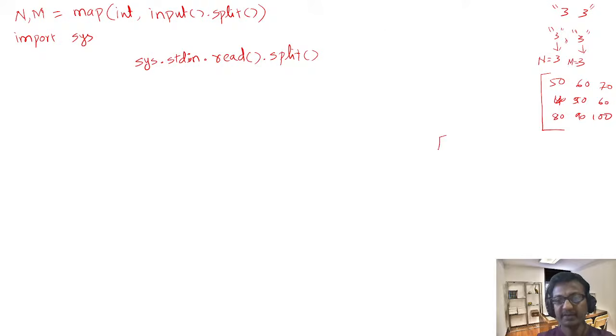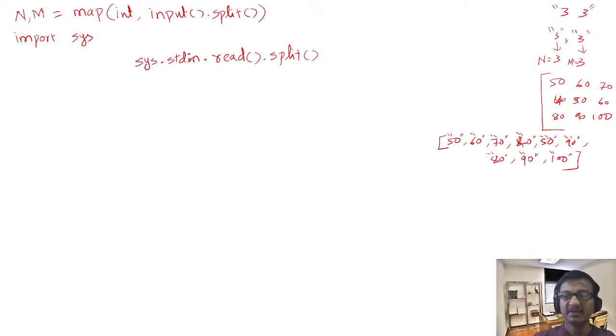I write here, it is just like 50, 60, 70, something like 40, 50, then 90, 80. All of them will be kept in a row. This is how it returns the individual strings.